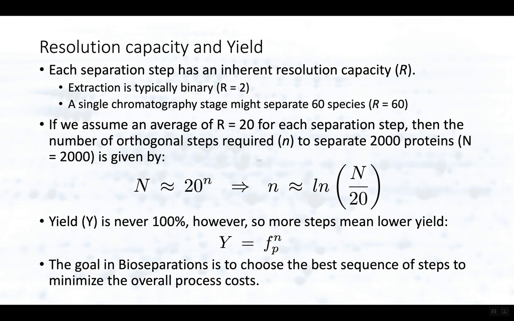then the number of orthogonal steps that are required to separate, say, 2,000 proteins, okay, is given by n is approximately equal to 20 to the little n power, where little n is the number of orthogonal steps, each step having a resolution capacity of 20.